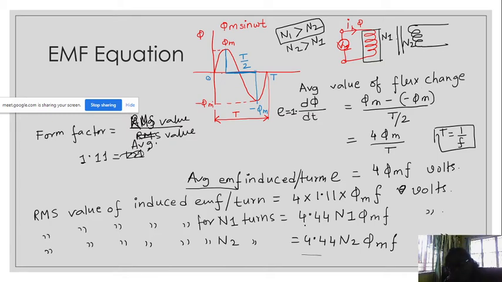So the first EMF is the induced EMF on the primary side, and N2 is the number of turns in the secondary side, so this EMF is in the secondary side. We write these as E1 and E2. E1 is the induced EMF in the primary side, and E2 is the induced EMF in the secondary side.